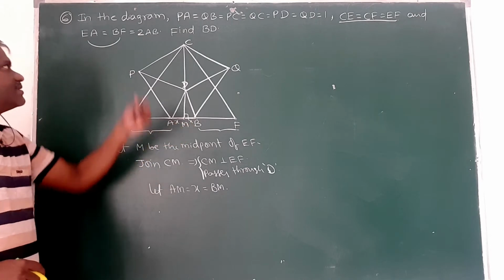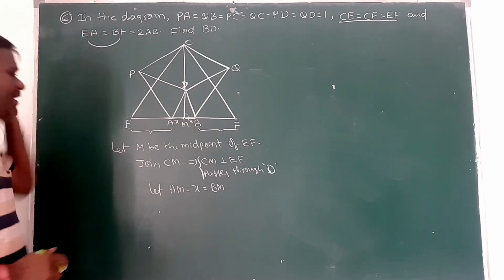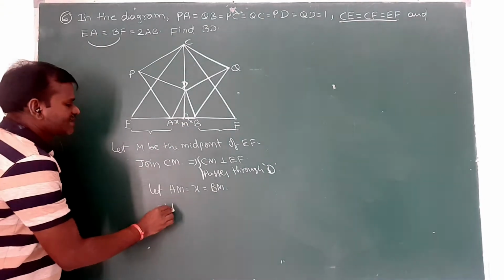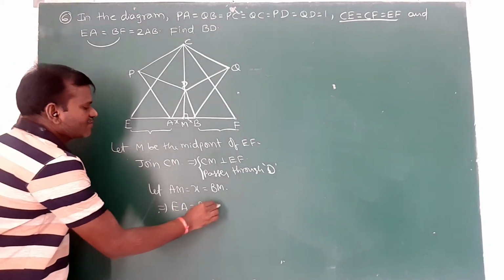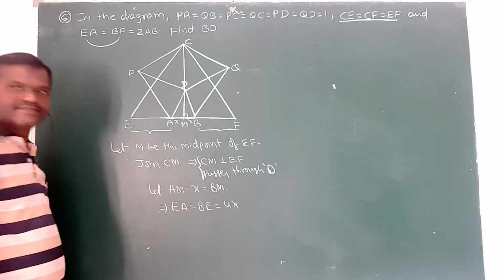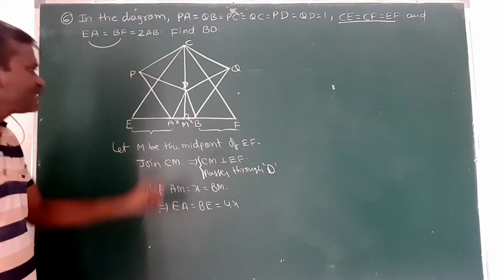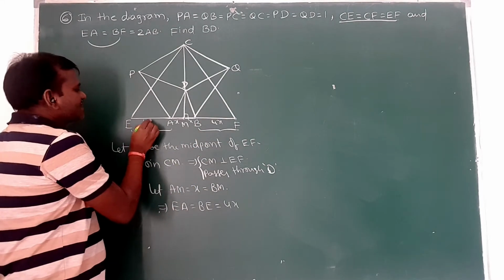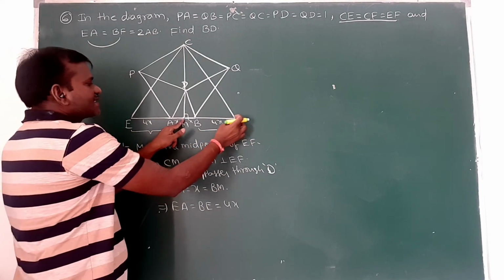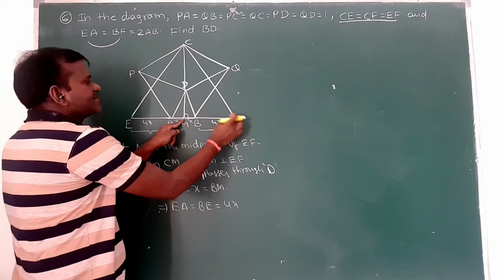Total length AB is 2x, so EA and BF are 4x and 4x. So EA length is equal to BF length is equal to 4x. That means from the midpoint, this is 4x length and this is also 4x length. So from the midpoint to this vertex the total length is 5x.